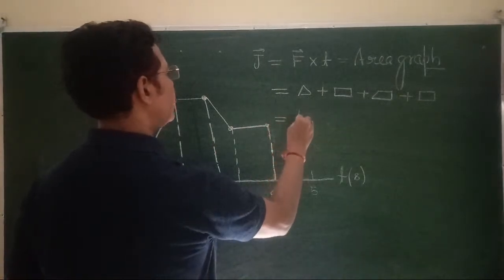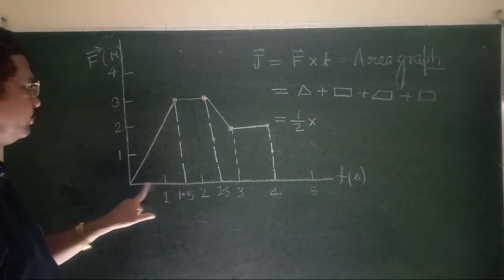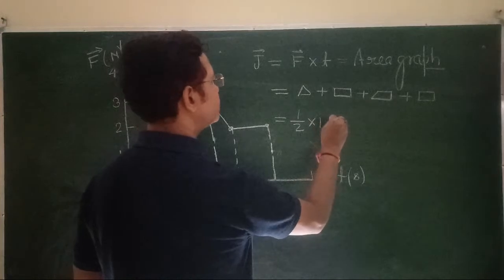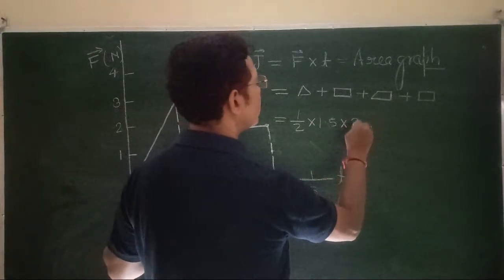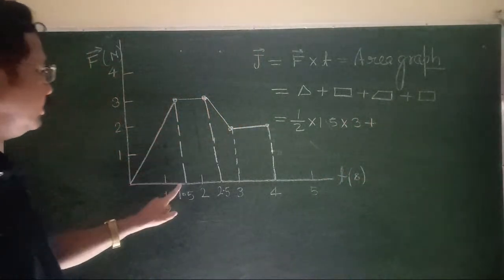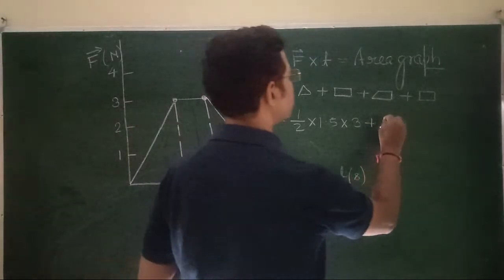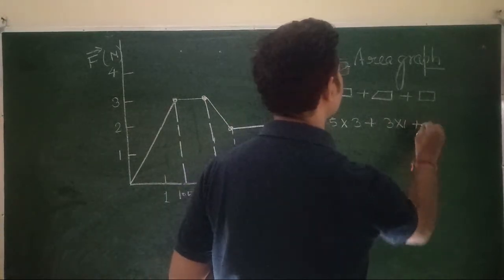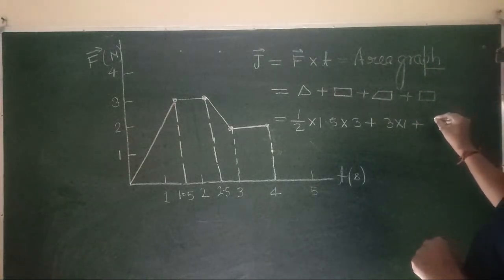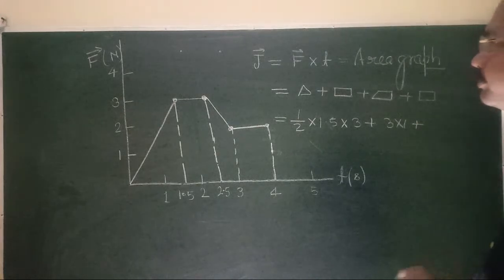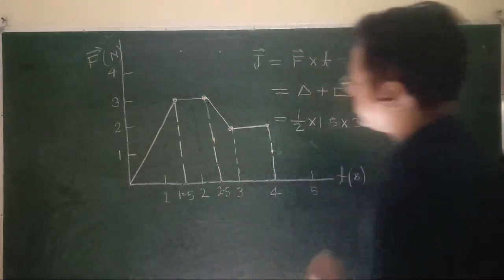So this is half into base 1.5, height is 3 Newton, plus this is 1 second, this is 1, this is 3. So 3 into 1 plus trapezium. This is sum of parallel sides and the distance.